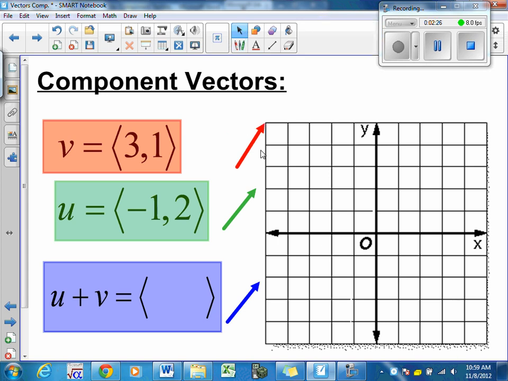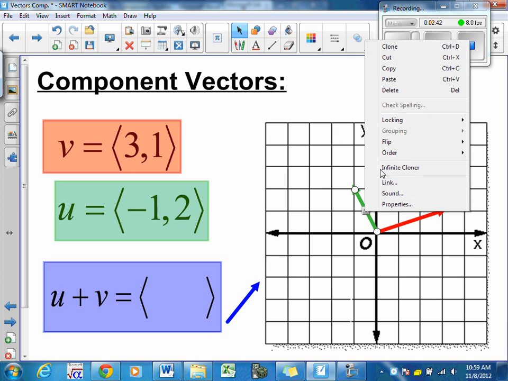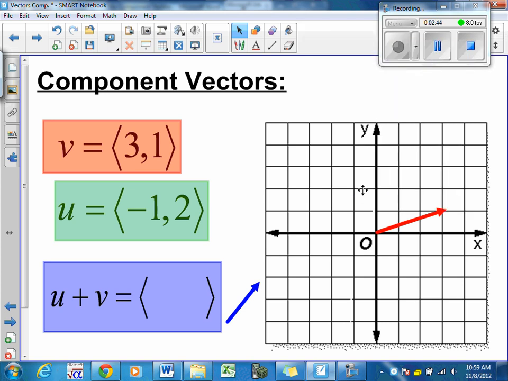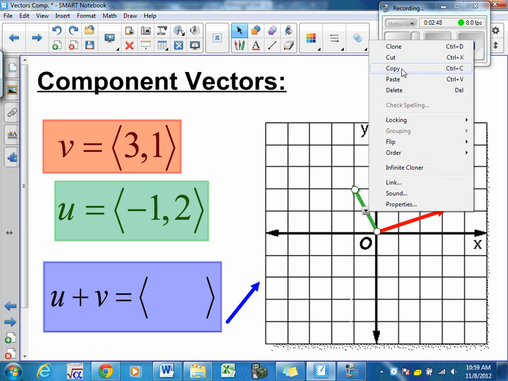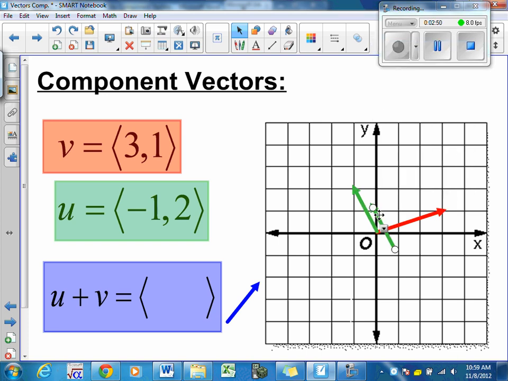If I have this vector, this is a different notation than we're used to. But if I have a vector that ends at 3, 1, and I have another vector that would end at 1, 2, and we would add these two vectors, I would draw my parallelogram.